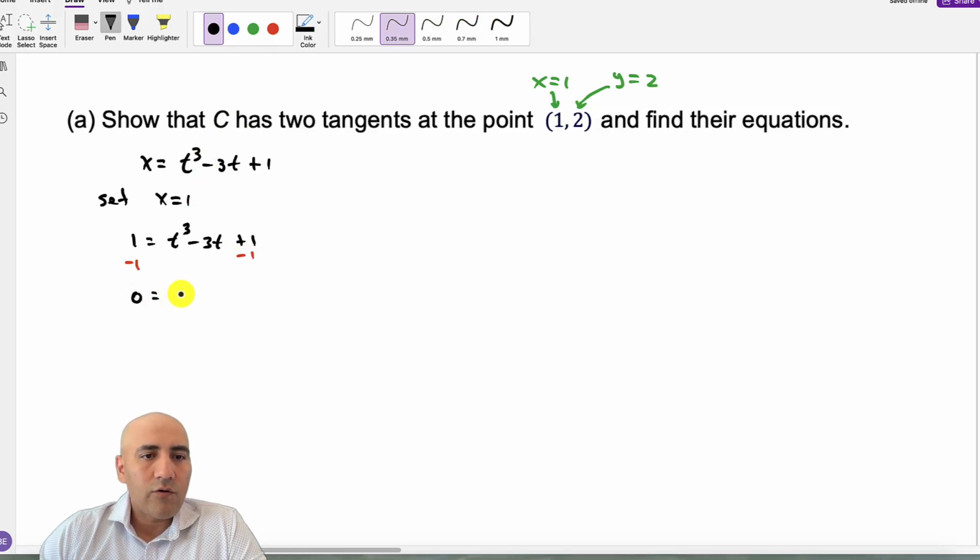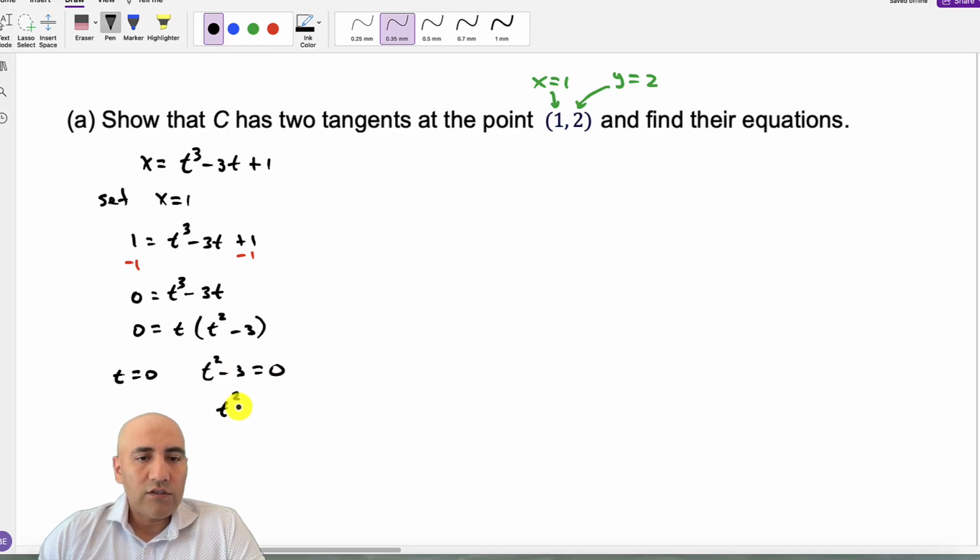I end up with 0 = t cubed minus 3t. Factoring out t, we get 0 = t(t squared minus 3). And so we get two solutions. t = 0 is one solution, and t squared minus 3 = 0 is another solution. So t squared = 3, and so t = plus or minus root 3.